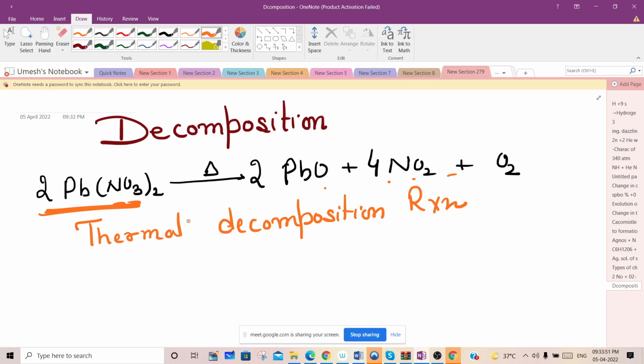The reaction in which a single reactant breaks into two or more products is called a decomposition reaction.